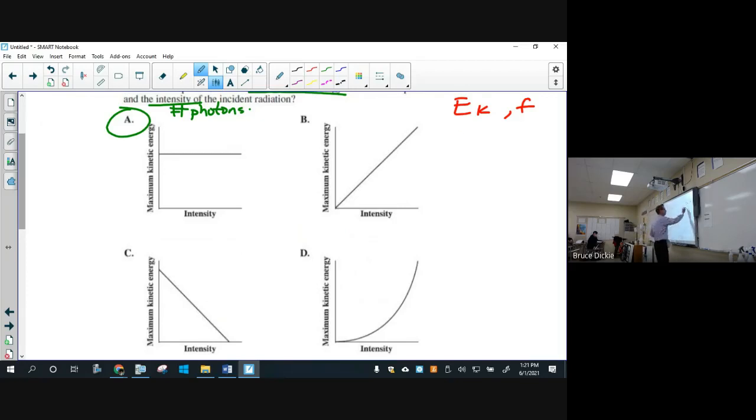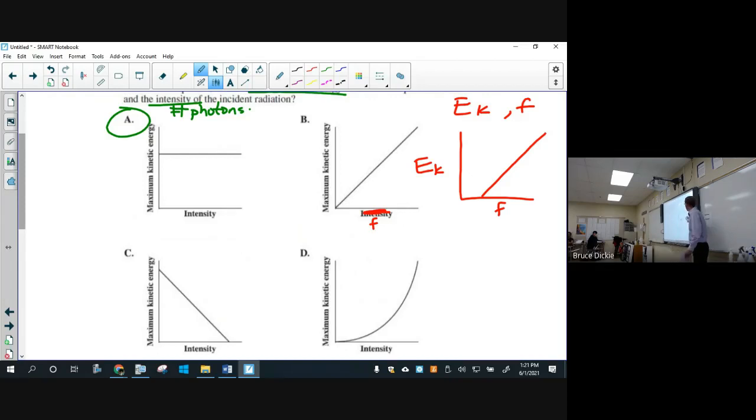Here's what it would actually look like. The kinetic energy of the electrons versus the frequency of the photon would actually look like this, a linear relationship, but with an intercept. Anybody tell me why? Yeah, exactly. A frequency of basically 0 does not cause electrons to be ejected, right?